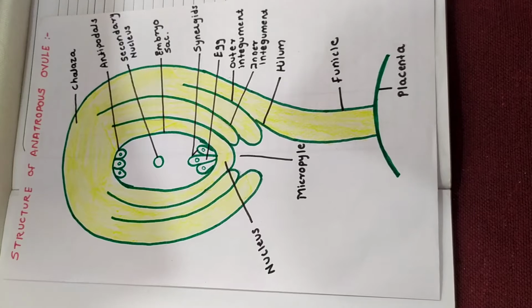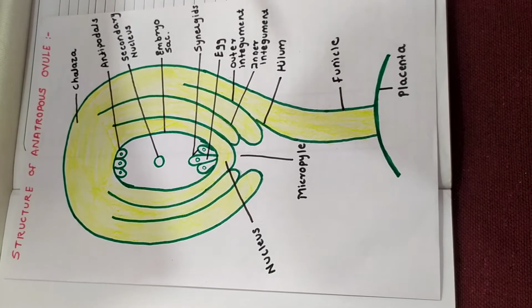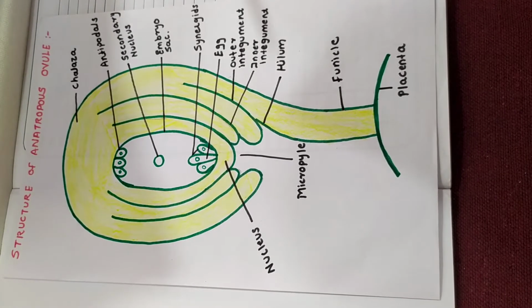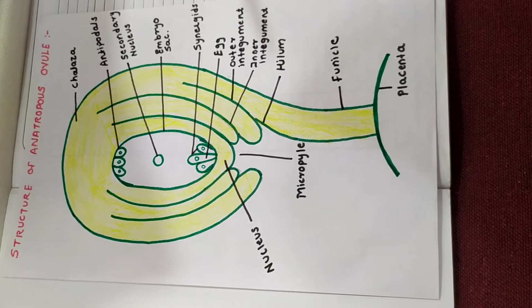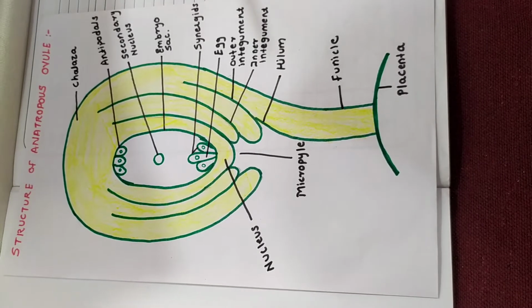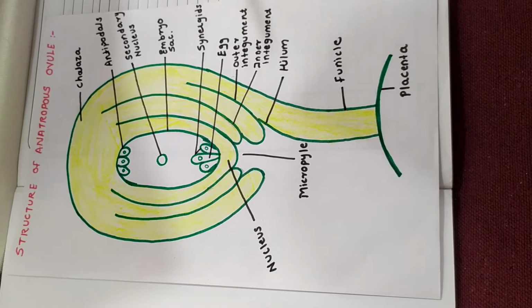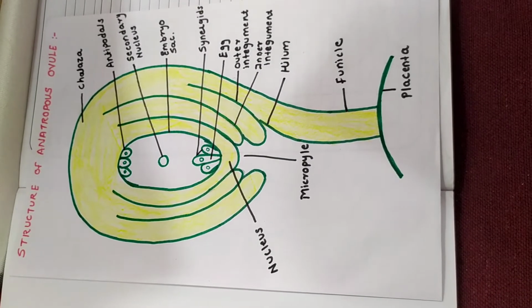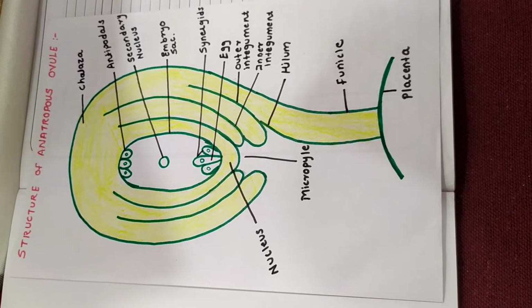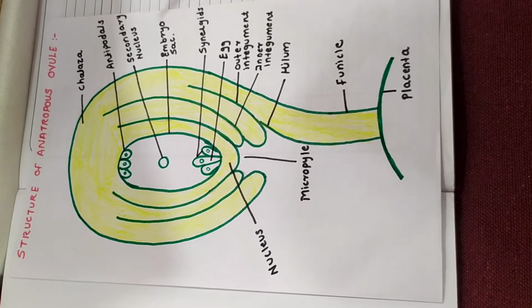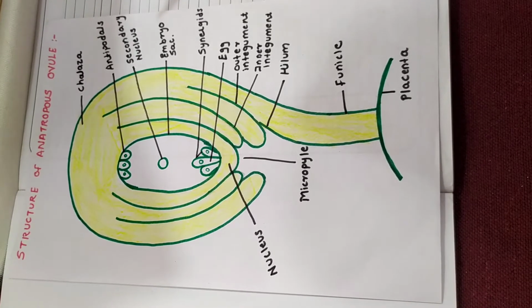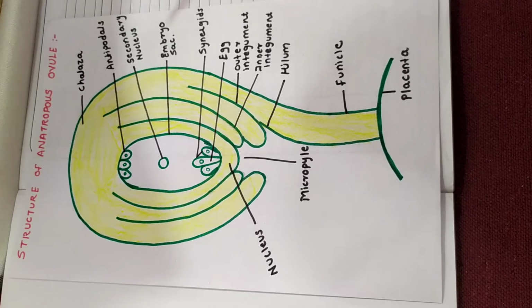The next structure in the ovule: the ovule consists of central parenchymatous tissue, the nucellus, which is usually surrounded by two protective coverings called integuments, the outer and inner integuments. In a previous lecture I have already told you about parenchymatous tissue. If you don't know its meaning, you can refer to that previous video.